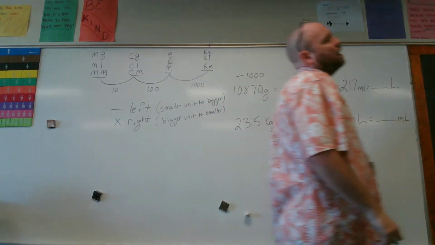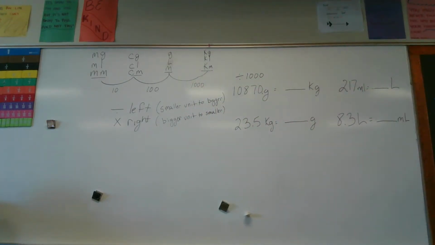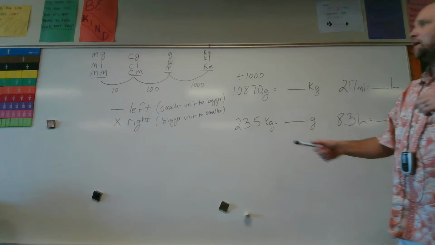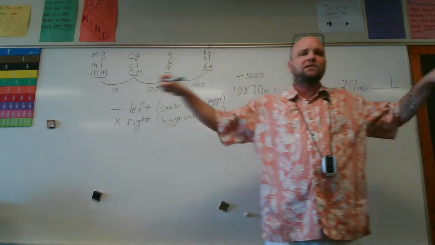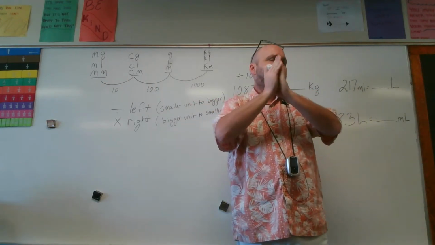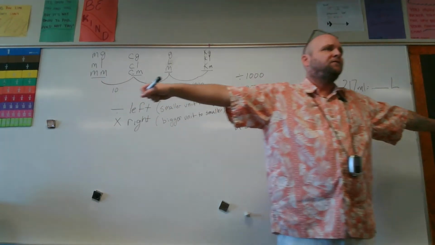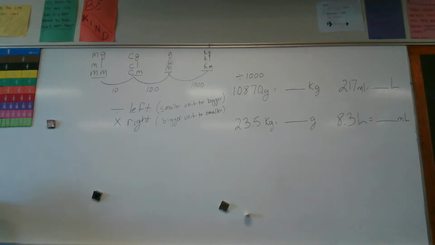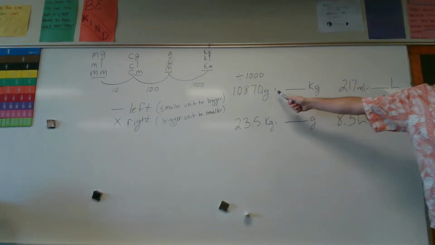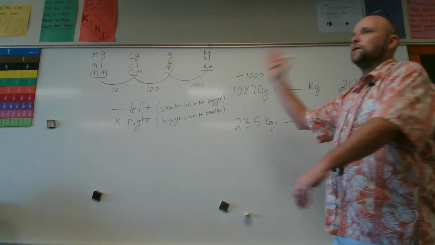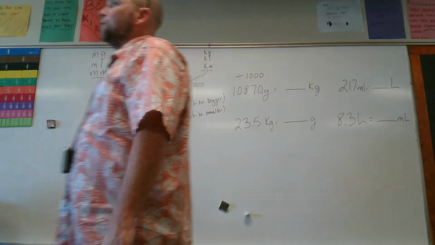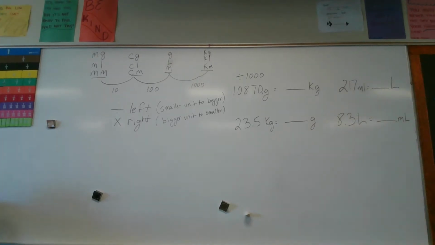And as my young friend Megan once told me, when you divide, you move to the left. Because we're going from grams to kilograms. Grams are smaller than kilograms, which signifies division, which means we need to make this number smaller. And that means we have to move it to the left. We're dividing by 1,000, which means we have to move the decimal point to the left.